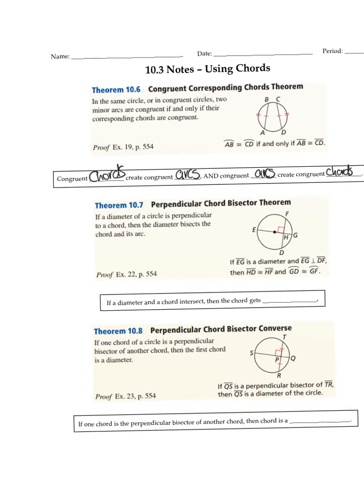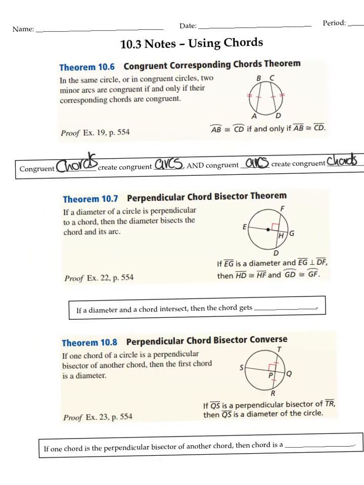All right, the next theorem we're going to be talking about is the perpendicular chord bisector theorem. This states that if a diameter is perpendicular to a chord, then the diameter bisects the chord and its arc. In other words, if a diameter and a chord intersect perpendicularly, then the chord gets cut in half.